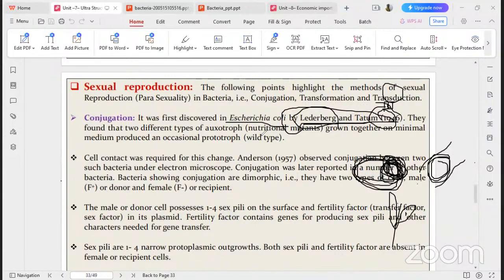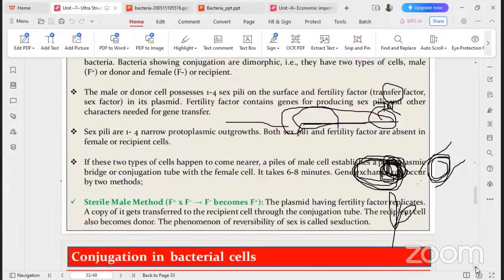By observing the conjugation reaction, he could tell that extra-chromosomal genetic material, other than chromosomal genetic material, is exchanged from one organism to another. That is conjugation. Even in Spirogyra you have studied conjugation, forming a tube-like structure between the two opposite strains.